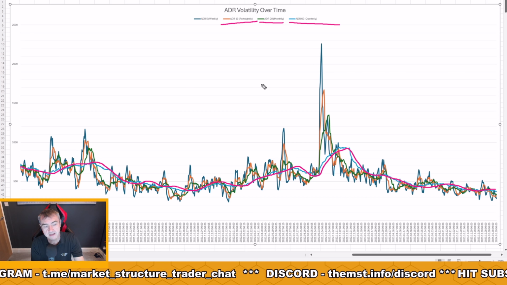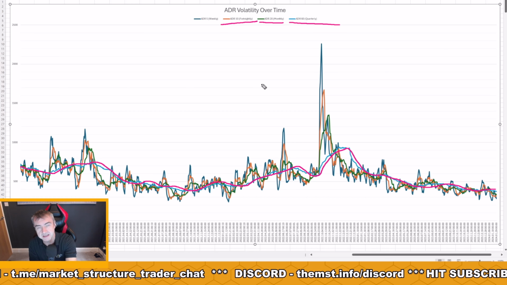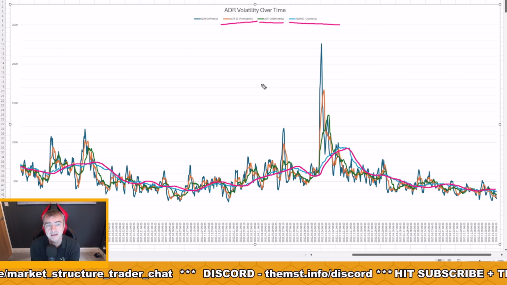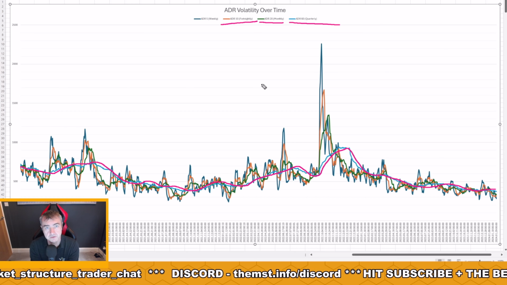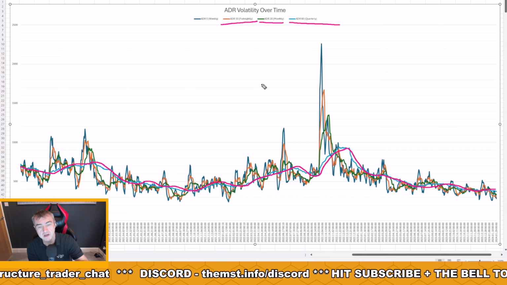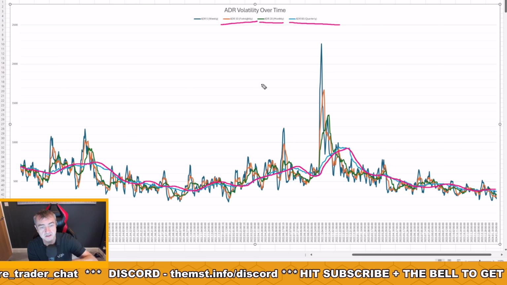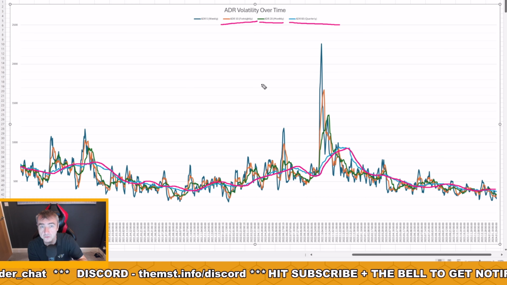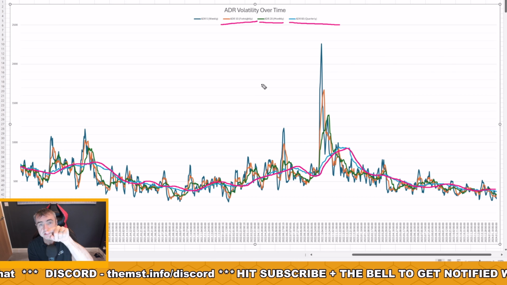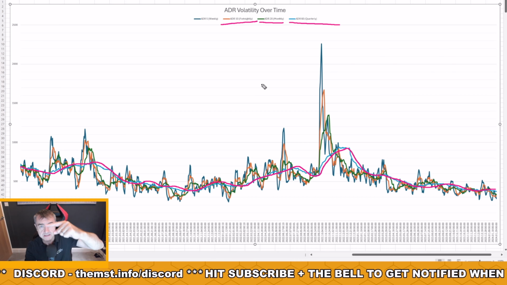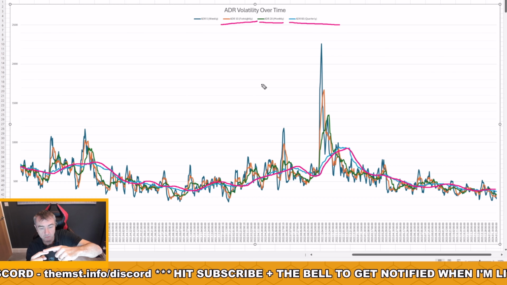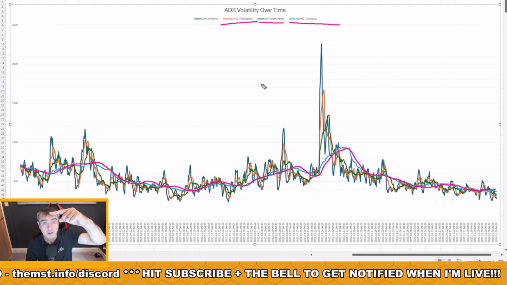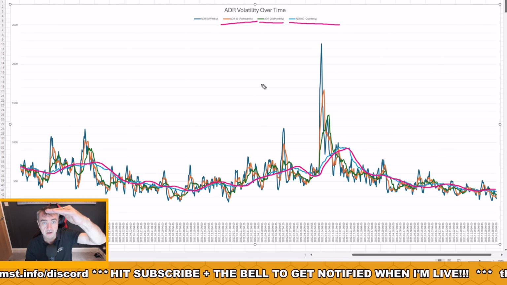So if you have a reading that is more steady and stable over a period of time, it means that you'll be taking the same amount of risk the vast majority of the time. If you take a trade after a period of high volatility, so let's say a market moves very hard on news for 2 days, and then you take a trade, the ADR reading is going to be much bigger, meaning that your stop loss will be much larger, meaning that the risk taken on that trade will be much smaller.